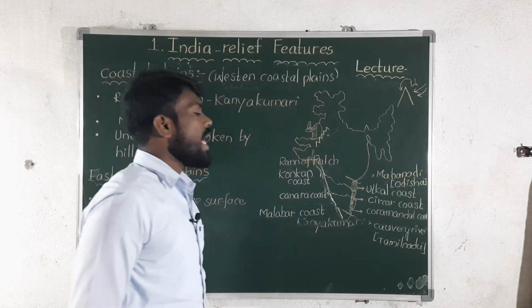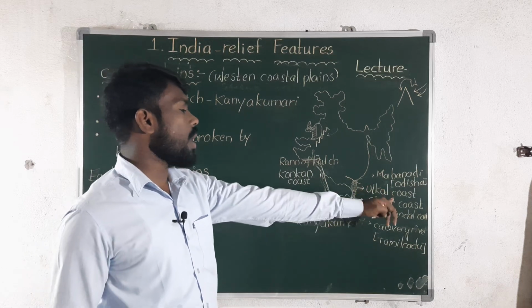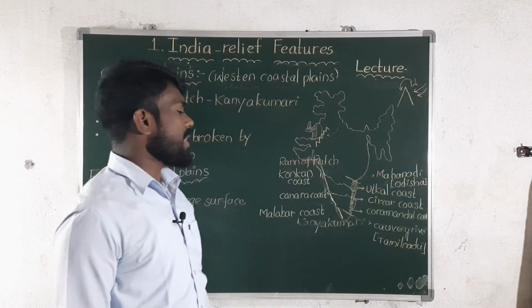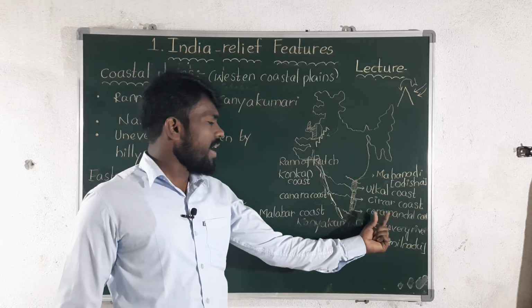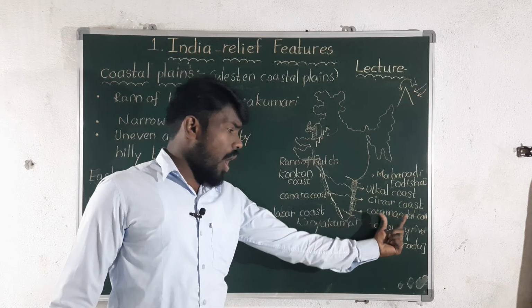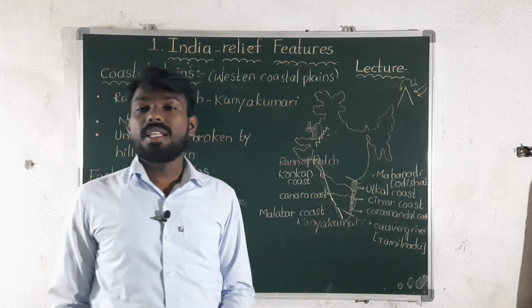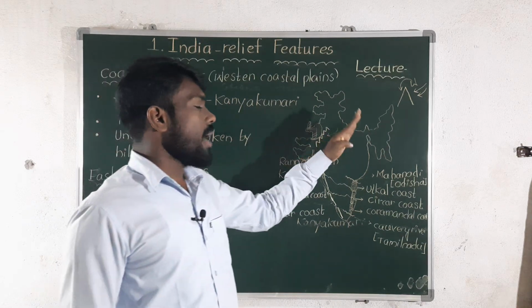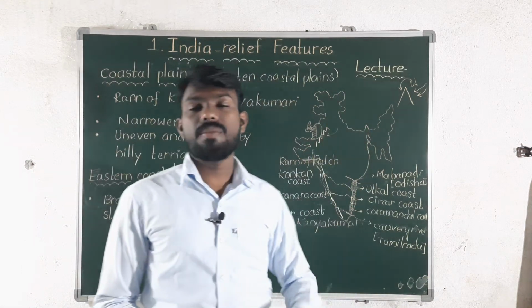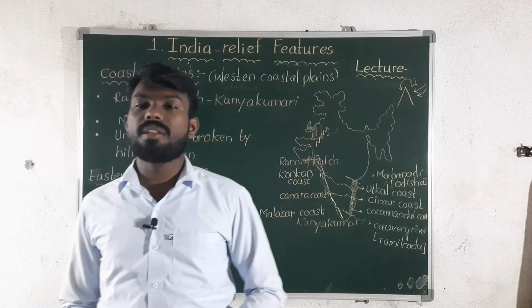So locally they have given different names: in Odisha, the Utkal Coast; in Andhra Pradesh, the Sarkar Coast; and in Tamil Nadu, the Coromandel Coast. So the eastern coastal plains were given names based on the local regions.